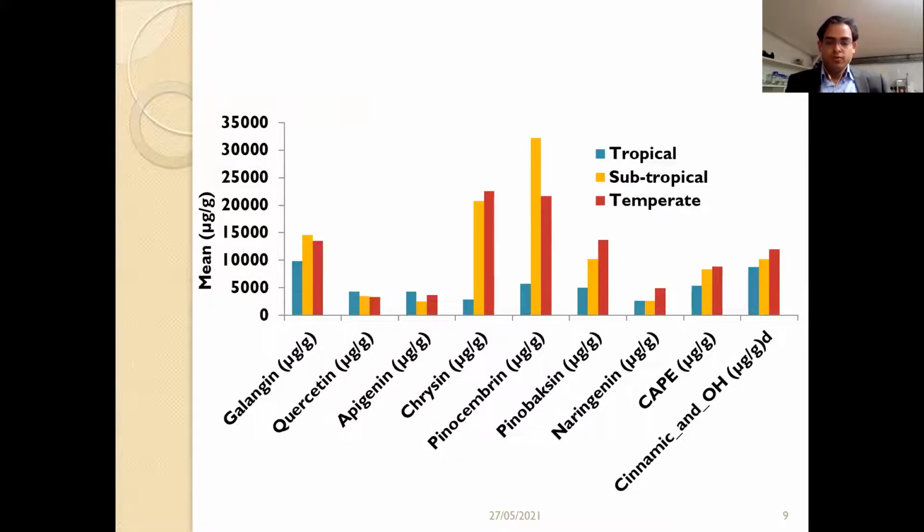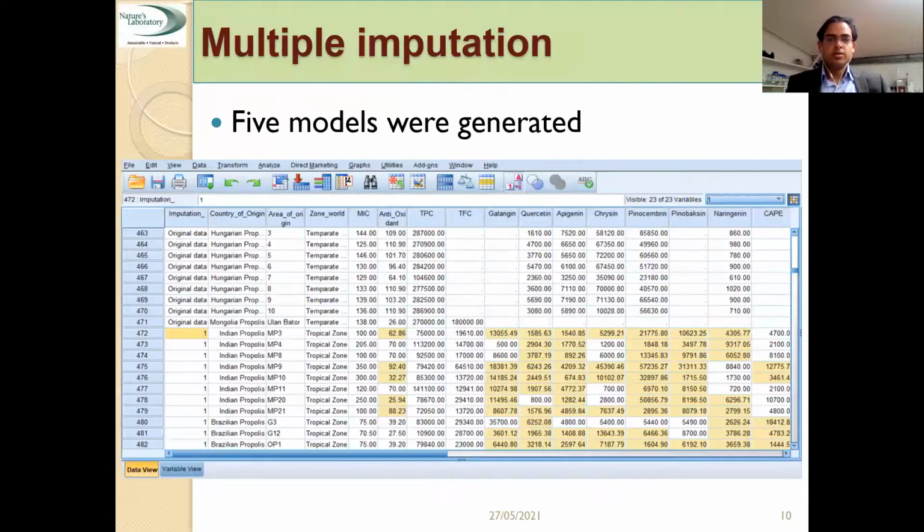Moving on, this is a screenshot of SPSS software. Most of you, I hope, must have seen or used some other statistical tool in your studies. In this case, we used 5 models for imputation, because many valid cases were missing, and that leads to problems in the output and a lot of errors can happen.